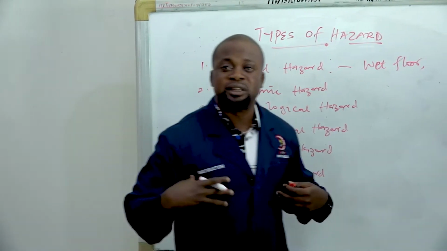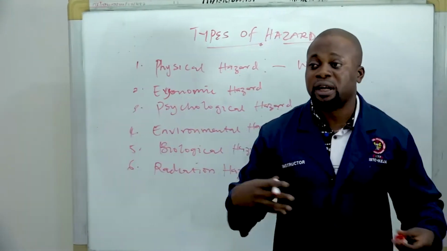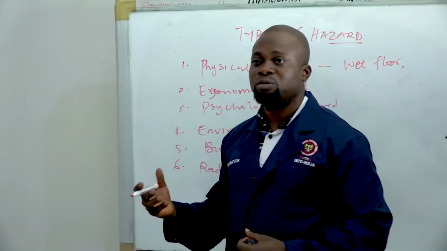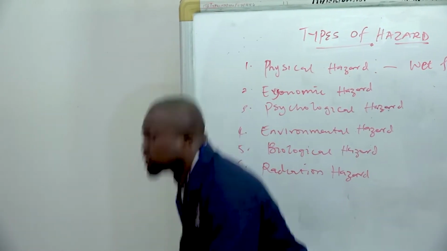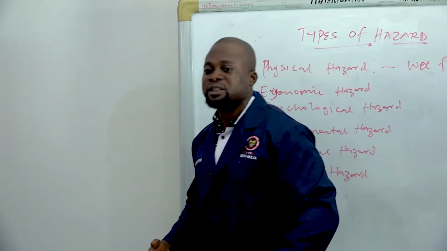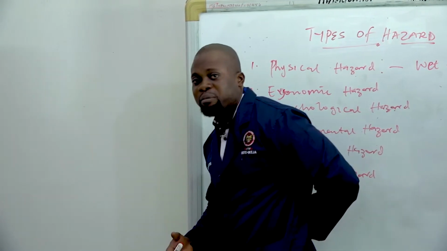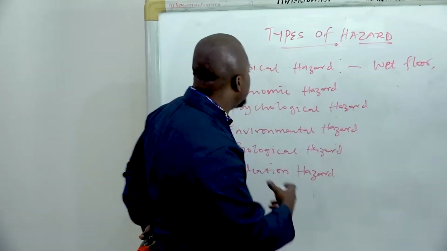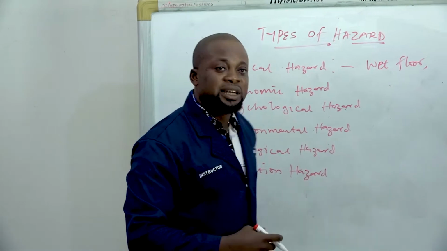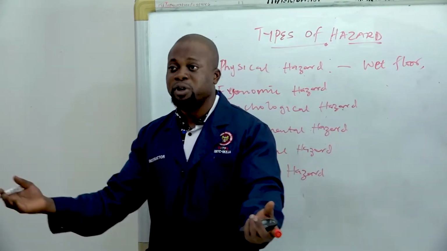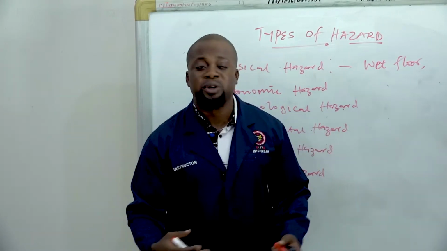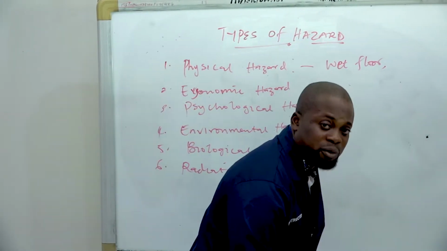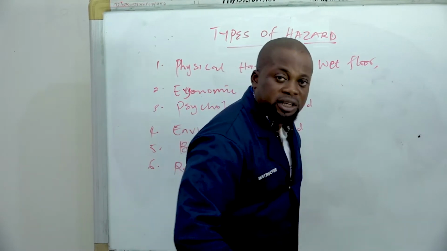This can harm the human body. It can cause pains. Or lifting heavy objects: you just pick an object like that and you feel pain in the back. That is what we know as ergonomics. We're going to be looking, in the course of this module, at lifting techniques, how you can lift objects safely without harming, most especially, your back.